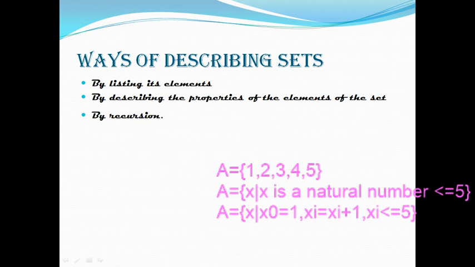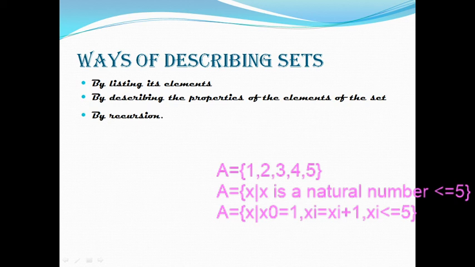First we define our begin condition, that is, the first number should be 1. Next we are recursively defining that the next number is the previous number plus 1, then again the next Xi plus 1. That is recursively we are calling, and an end condition must be set, that is Xi less than 5.